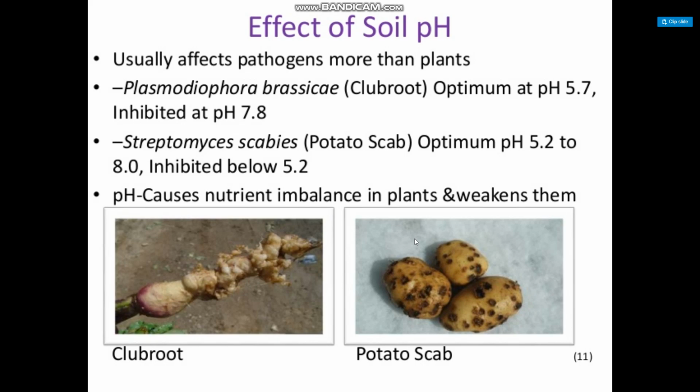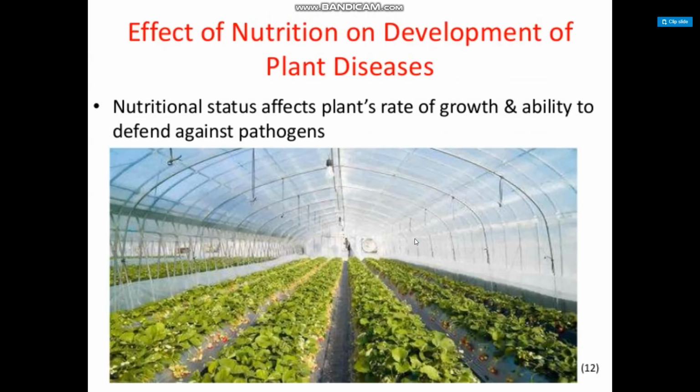Its optimum pH is 5.2, and it is inhibited below pH 5.2. pH causes nutrient imbalance in plants and weakens them. The first image shows club root caused by Plasmodiophora brassicae, and the second image shows potato scab.